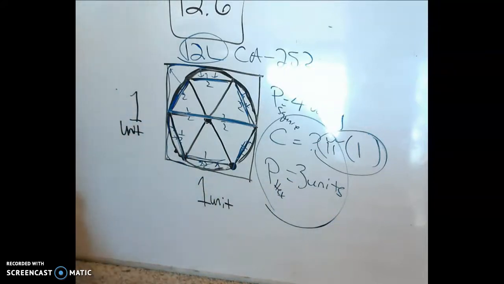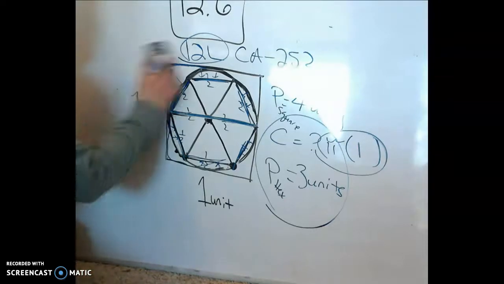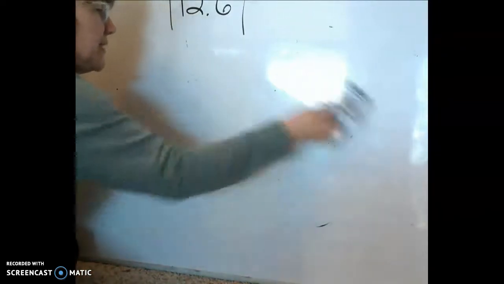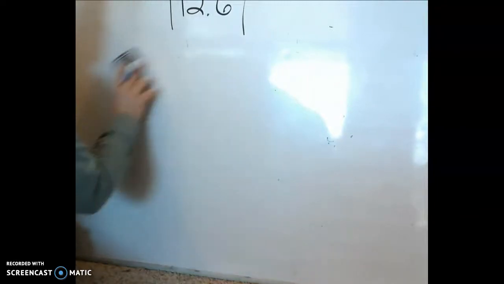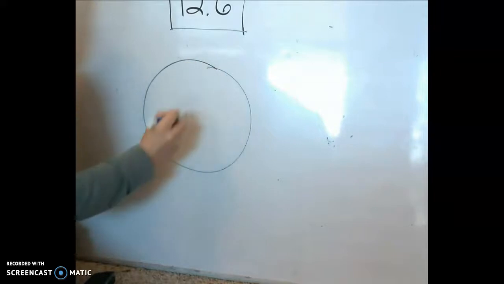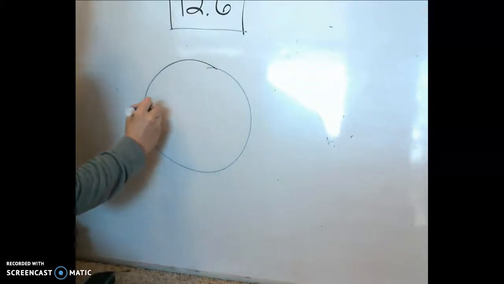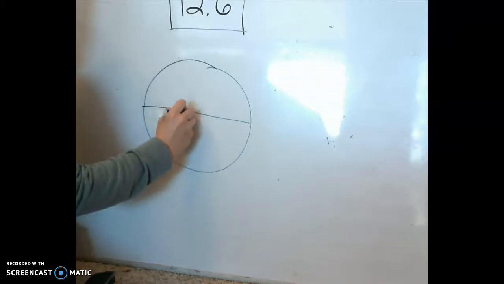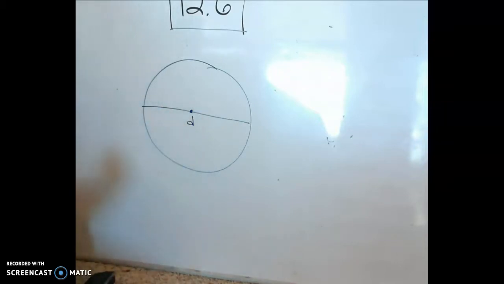Another activity that I typically do with my trig students to get them to discover what a radian is, but you could do this also in other classes. If you had a circle and you had the diameter, I do it with the radius in trig because we're looking at radians.